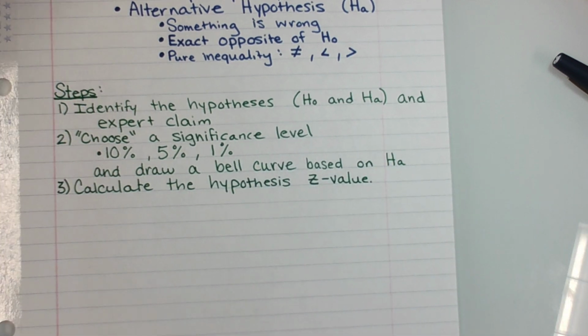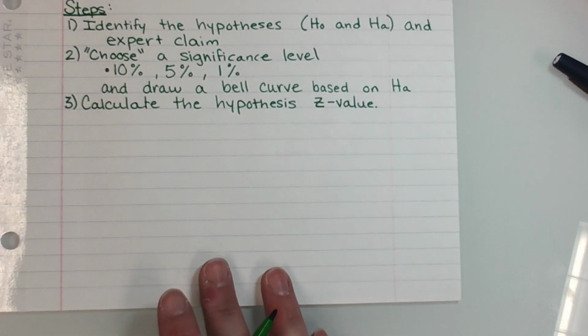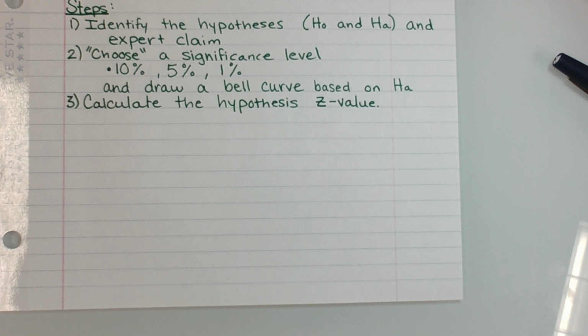From that, we're going to calculate a hypothesis z-value. Now, we've done a formula for z-values with normal distribution. Z equals X minus mu all over sigma. But that Z value requires mu and sigma.